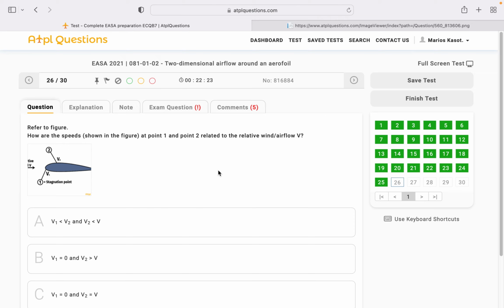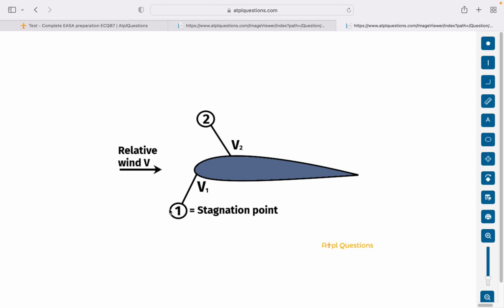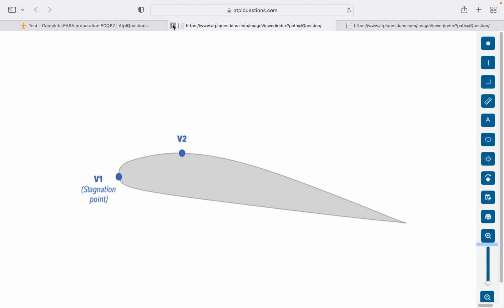How are the speeds shown in the figure at point 1 and point 2 relative to the relative wind airflow V? Okay, this is the relative speed of the wind. V1 is 0 because at the stagnation point it's 0, and V2 is the highest speed of all.